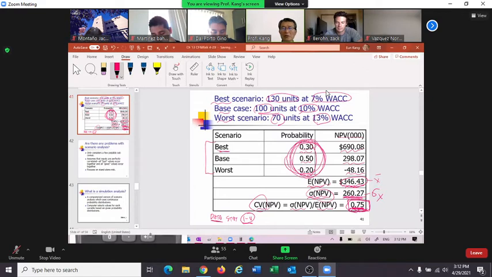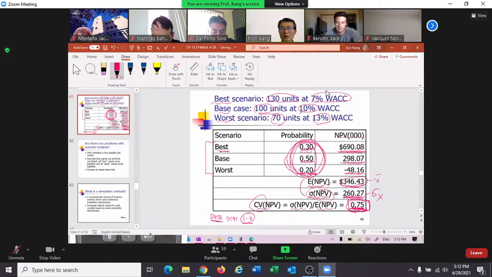From this table. So you have shown that getting 690.08 is 30% probability. Getting 298.07 is 50% probability. Getting negative 46.16 is 20% probability, right? Given that table, you calculate this one.